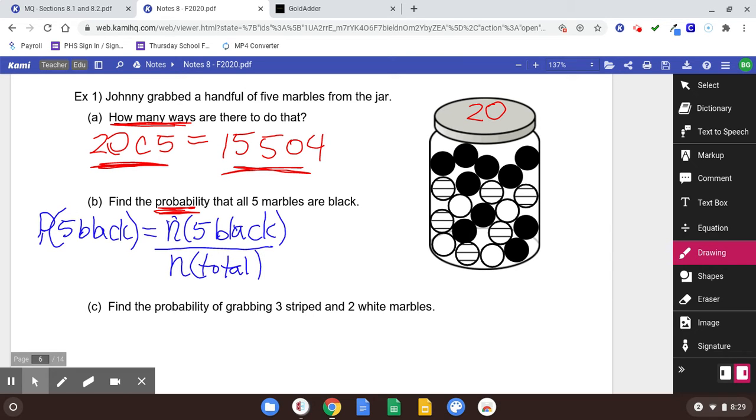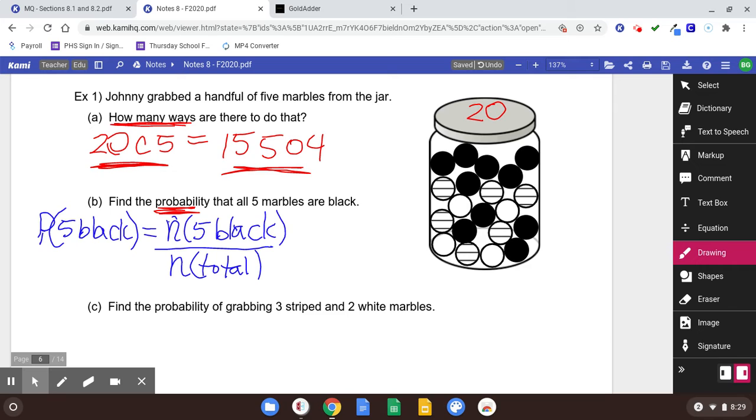Remember, N means the number of. So that's just part over total: the number of ways of getting 5 black ones over the number total. So think about how we can get 5 black ones.